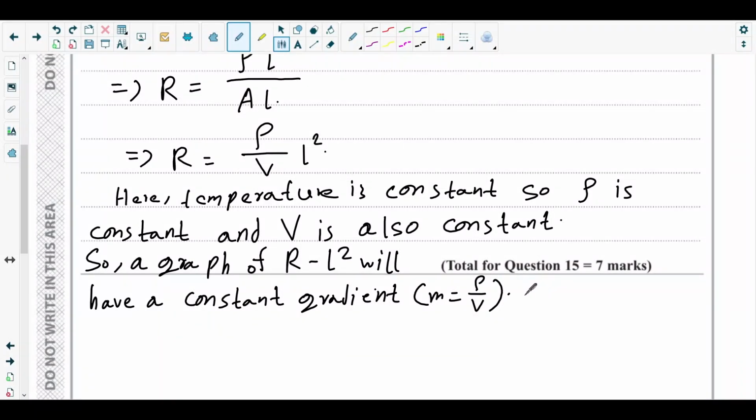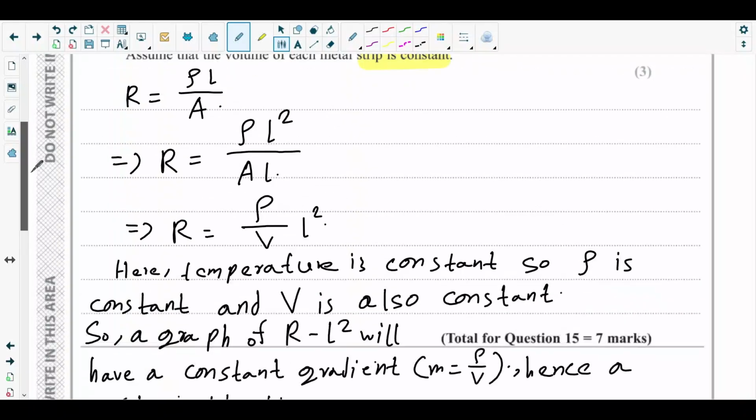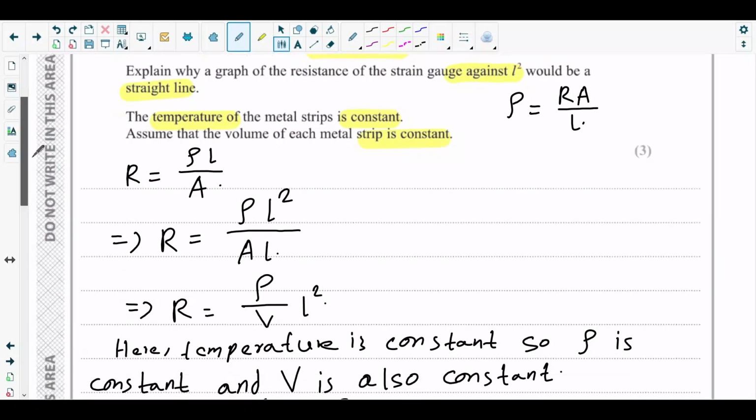Hence a straight line, because a straight line has a constant gradient. That's the answer for part B from question number 15.